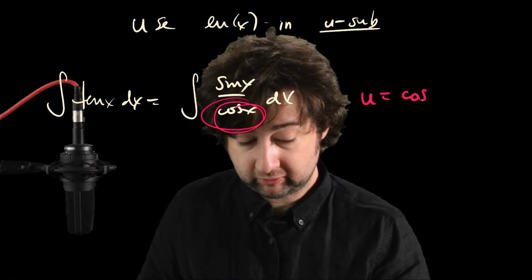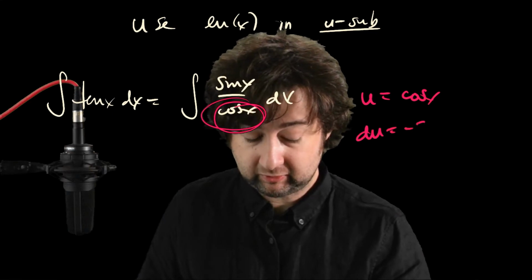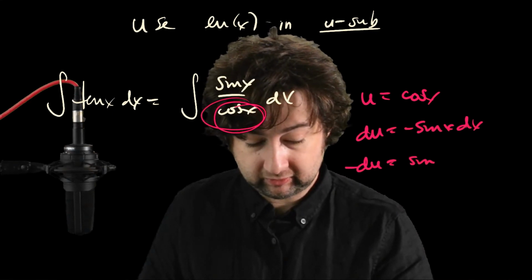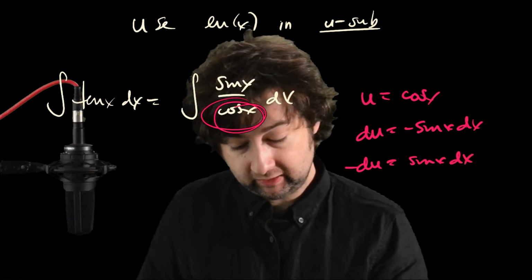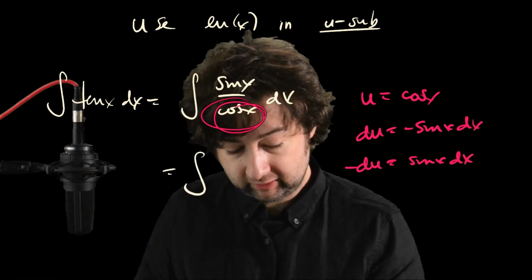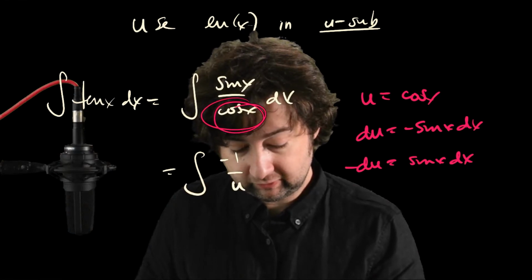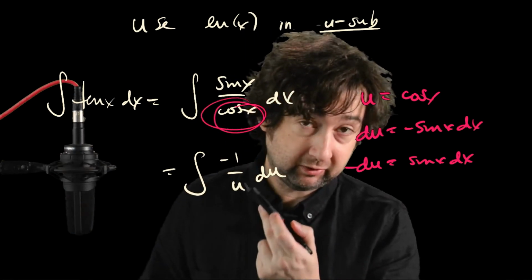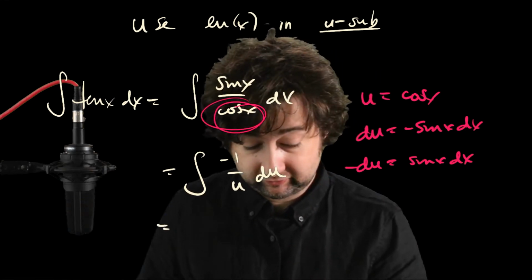If u is equal to the cosine of x, then du is equal to minus the sine of x dx, which means that minus du is equal to the sine of x dx. And this integral turns into the integral of minus 1 over u du. And since we know what this is now, we can write it as a natural log.